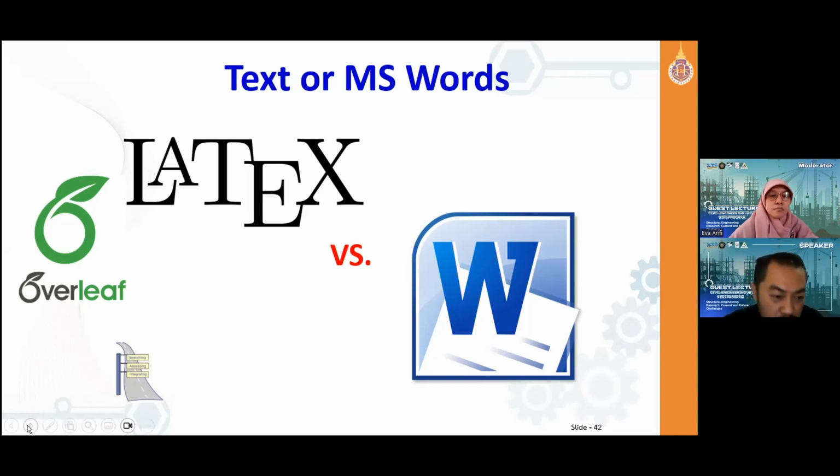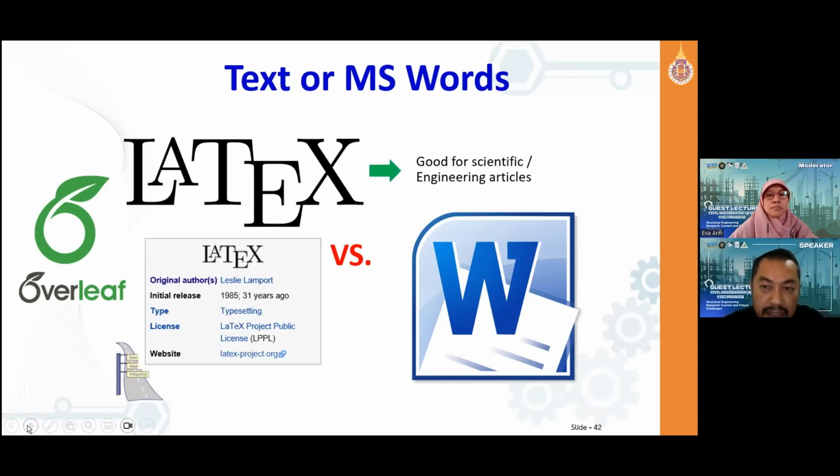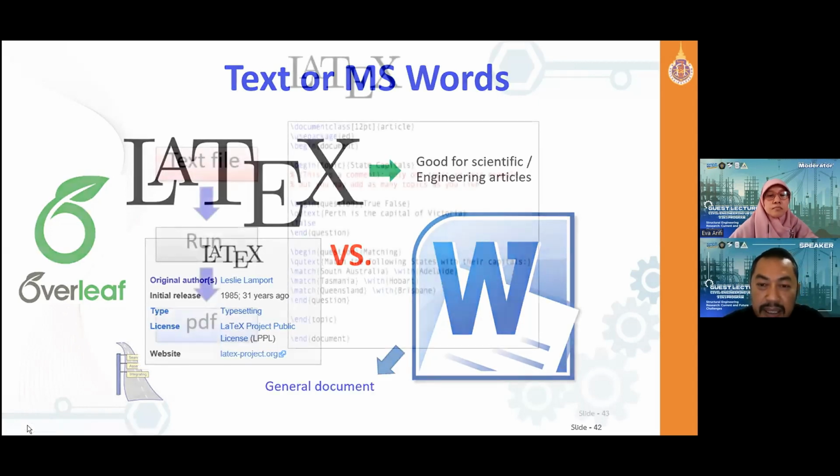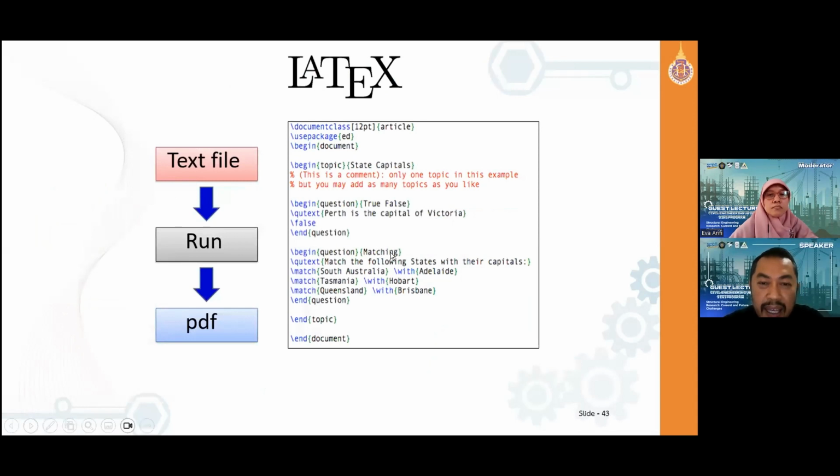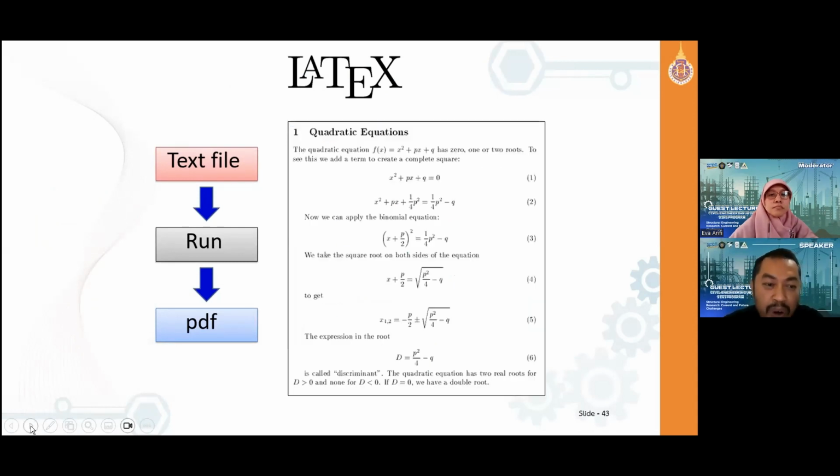I will show you what LaTeX looks like. If you want to write the text, you have to write like this, and then when you compile or run, it shows like this. So it's really beautiful. When I see a book, I know immediately whether it was written using LaTeX or Word.